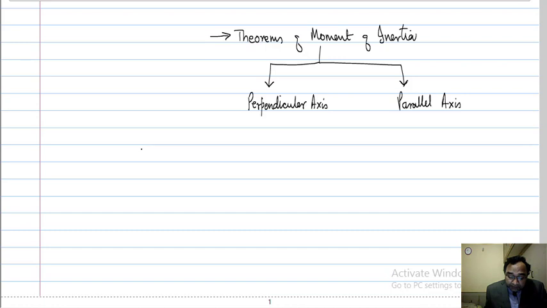First, let me take the perpendicular axis theorem. The name suggests that this axis is perpendicular to the known axis. How exactly?